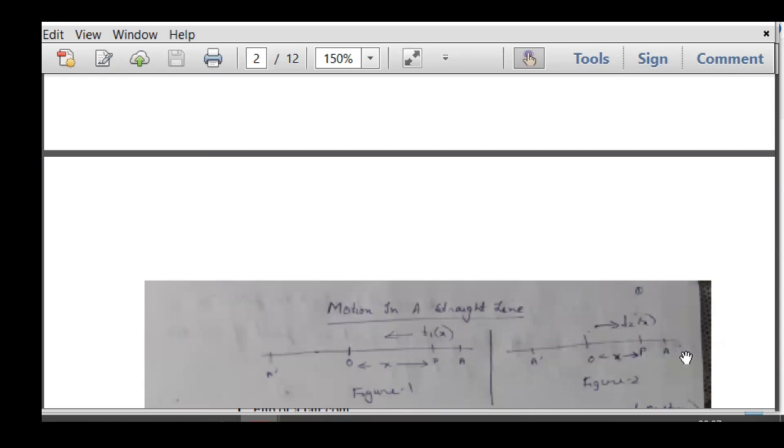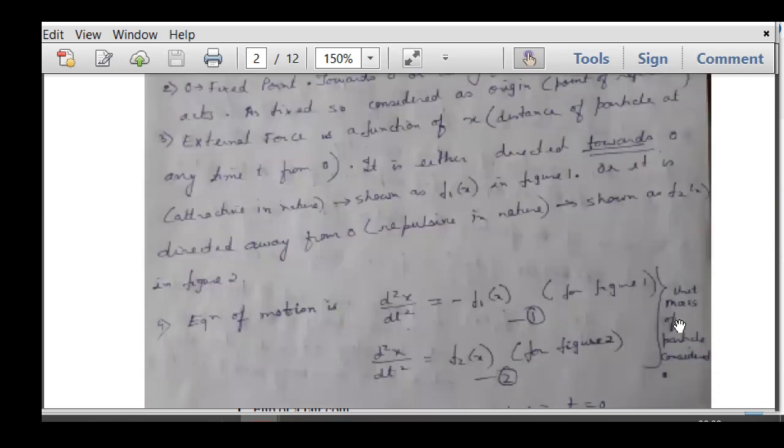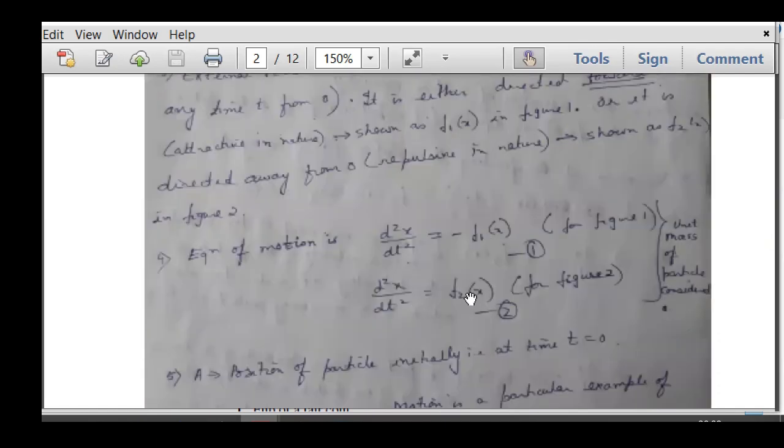But here the external force is in the direction of OX only, that means in the increasing direction only. So there is no mismatch of direction between the left hand side and the right hand side, so there is no minus sign required here.